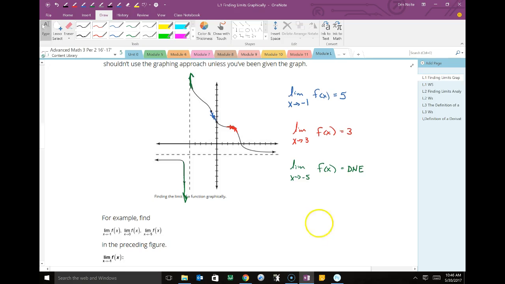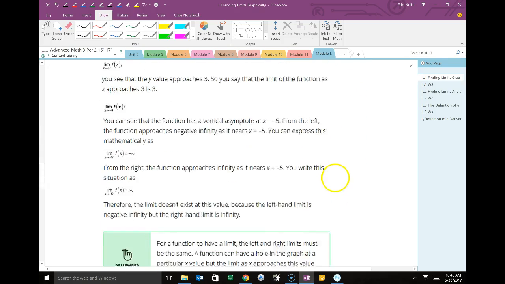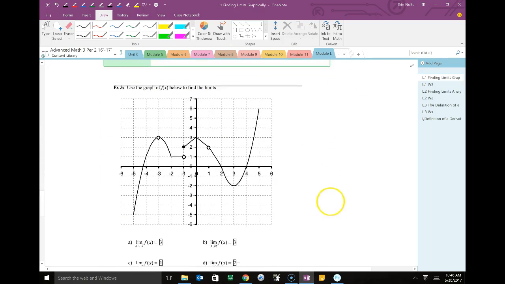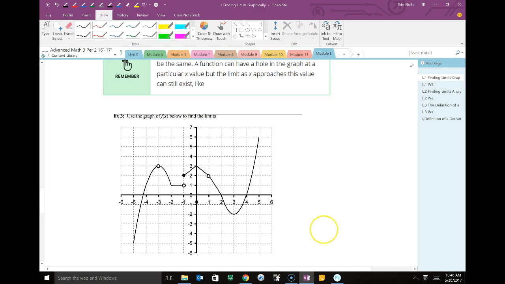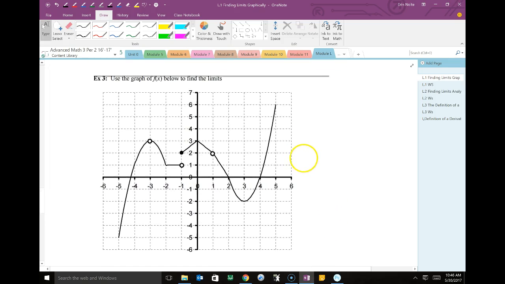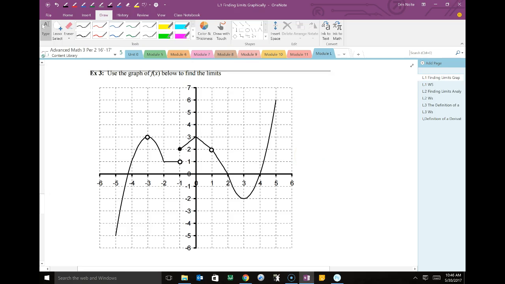Okay, so we'll do a couple more, just to make this a little bit more concrete. So let's say this is my new function. Again, it's pretty gnarly, but that's okay. We'll do a couple different spots here. Our first one, we'll do the limit as x approaches 0 of our function.